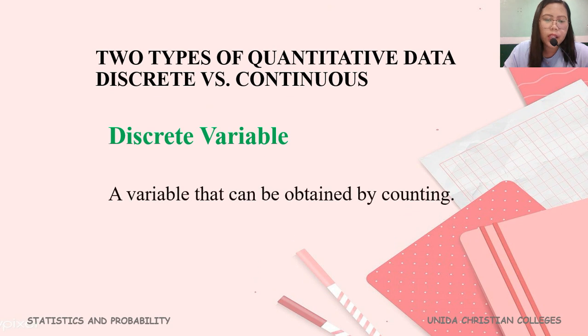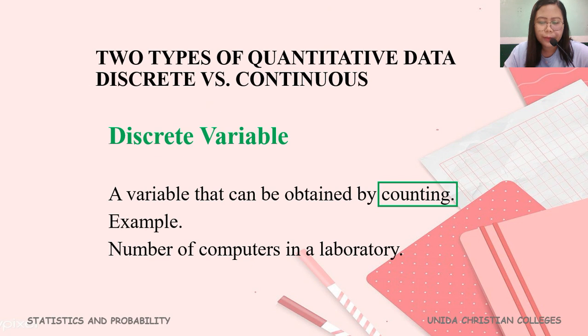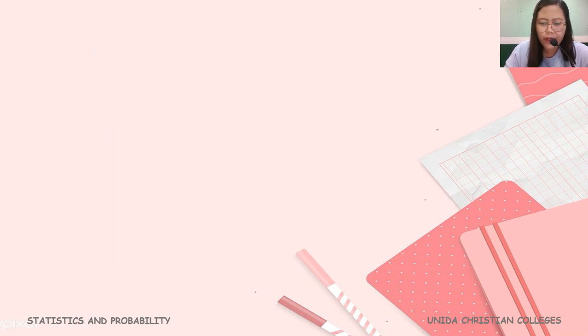When we say discrete, it is a variable that can be obtained by counting. Countable, kaya mong bilangin. Example, number of computers in a laboratory, number of students under your section, number of teachers in junior high school. Ayan, so kaya nating i-count. That's why it is a discrete variable.